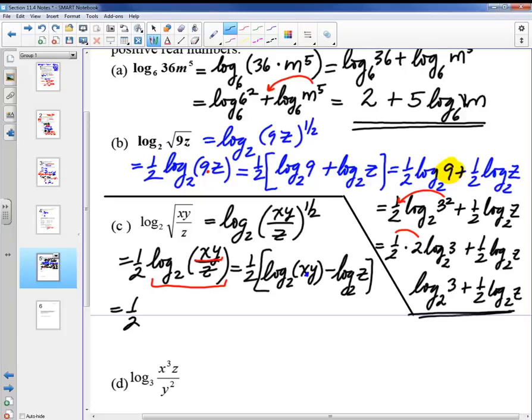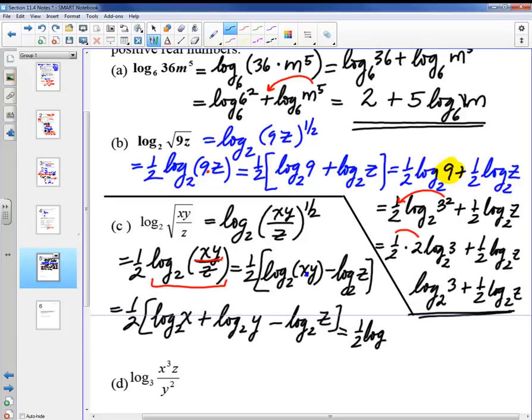So that will be 1/2 times log base 2 of x plus log base 2 of y minus log base 2 of z. And then in your final answer, you're going to distribute the 1/2. So you have 1/2 log base 2 of x plus 1/2 log base 2 of y minus 1/2 log base 2 of z.